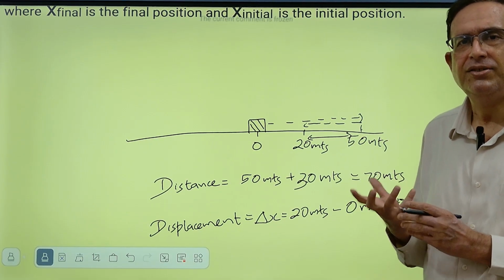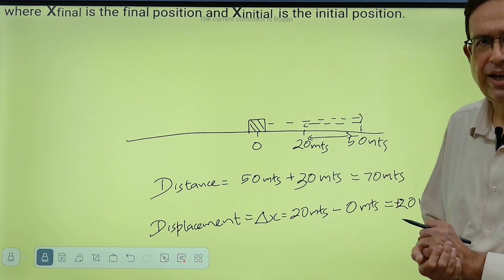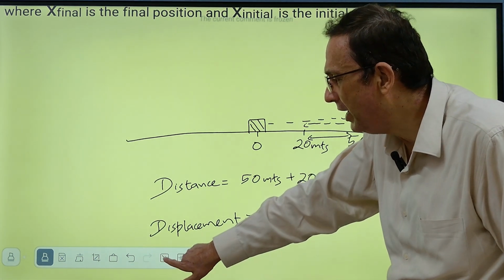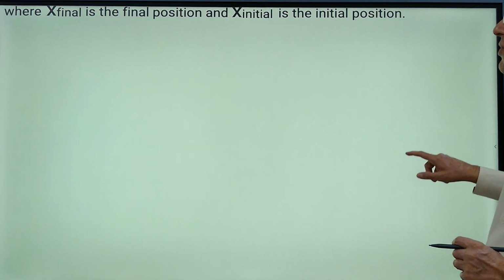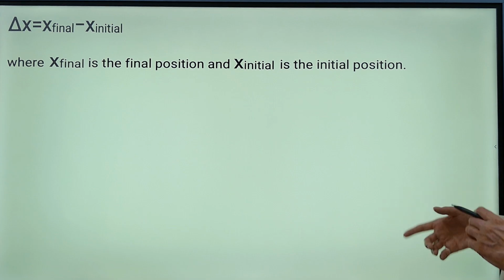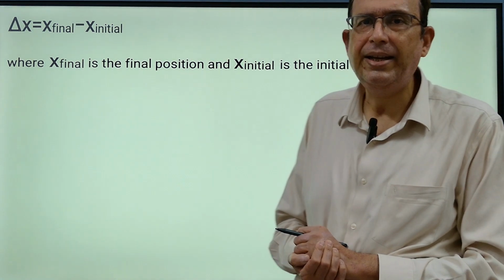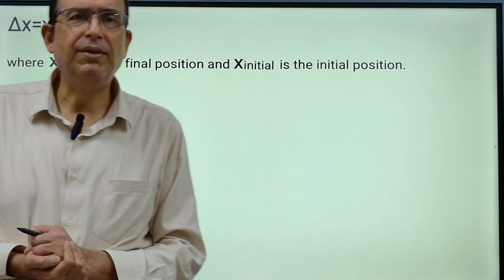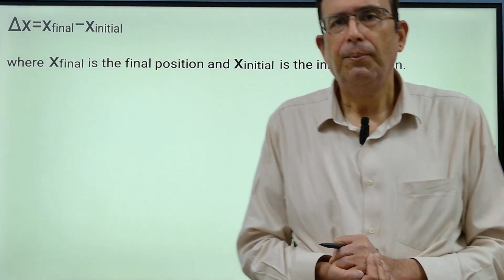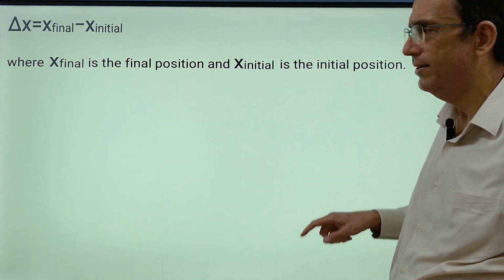So the plus signifies that it is moving in the east direction. So it's a vector quantity. The plus and minus actually tell you whether it is a vector quantity or a scalar quantity. A scalar quantity will never have a sign, whereas a vector quantity would have a sign in one dimension. Okay, so this is about displacement and distance.